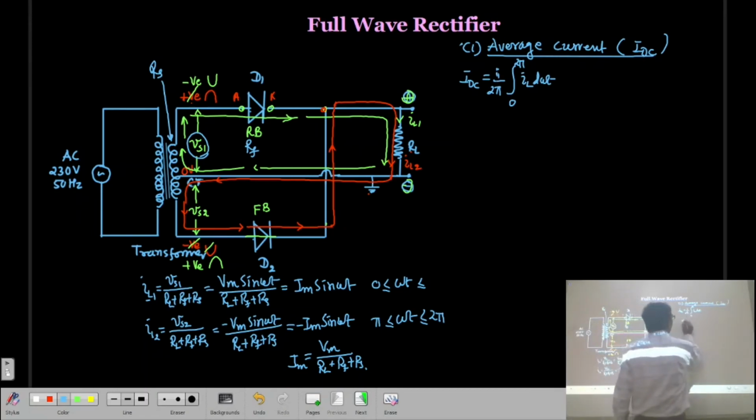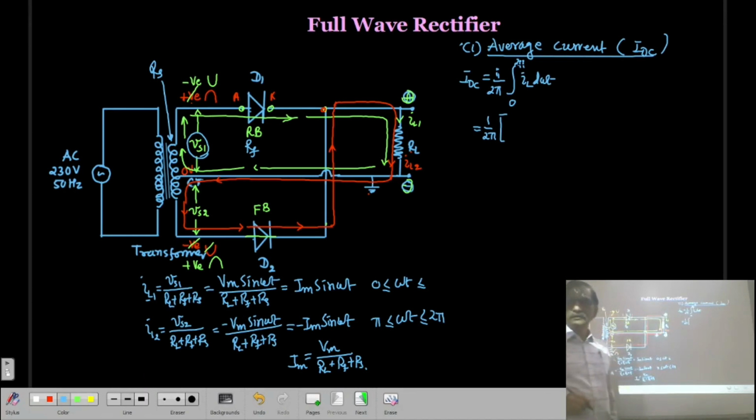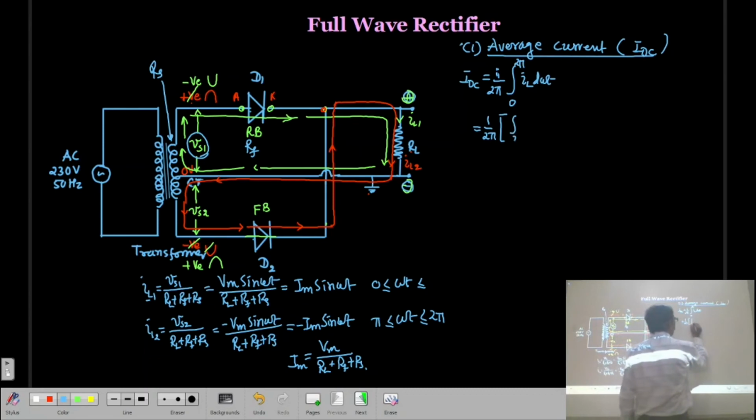So if you solve this integration, that will give you the value of the average current. Okay, so how can we solve it? 1 upon 2 pi. Now this integration we have to divide into two parts. One integration will be from 0 to pi, where we have IL1 d omega t, and another integration will be from pi to 2 pi, the IL2 d omega t.